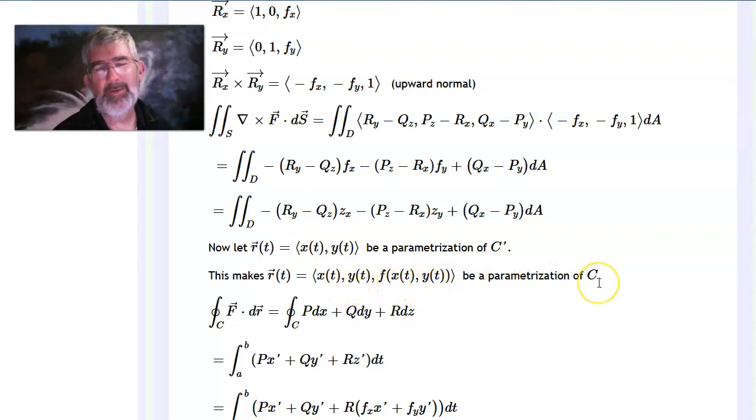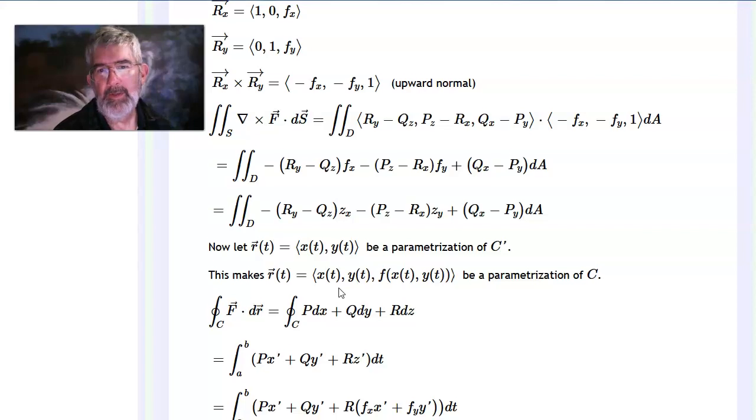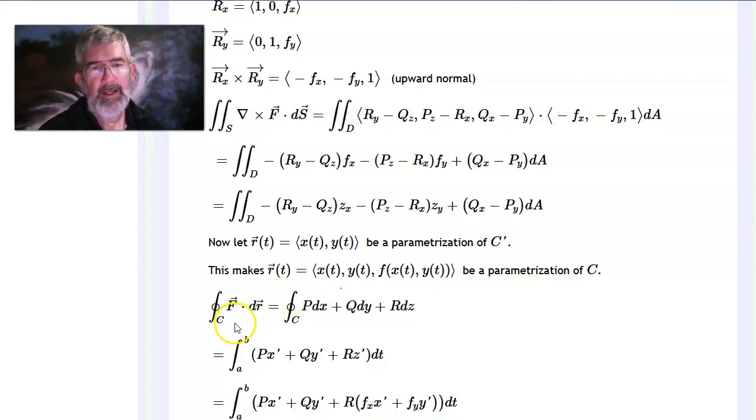So this is just a parameterization of the boundary of the surface, right? So this one right here is just the boundary in the xy plane, and then this one here is you move it up onto the surface, and it's the boundary on the surface. So now let's look at the line integral around C of F dotted with dr.